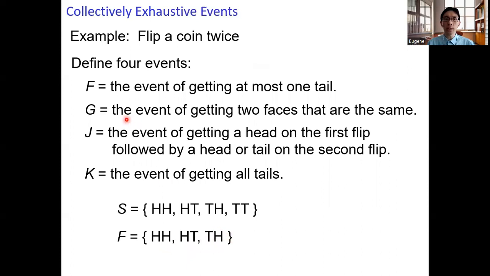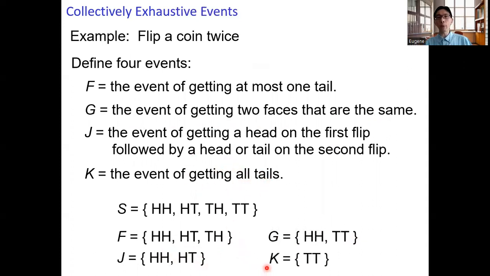Event G is the event of getting 2 faces that are the same, so the sample points are HH and TT. Event J corresponds to the sample points HH and HT. Here the first flip is a head, and the second flip is either a head or a tail. Event K is the event of getting all tails, so the sample point in event K is TT.